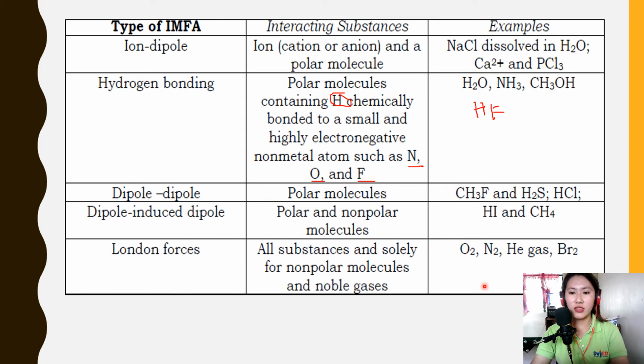An example of that is O2, N2, He or helium gas, and Br2. So that is the summary of intermolecular forces of attraction.